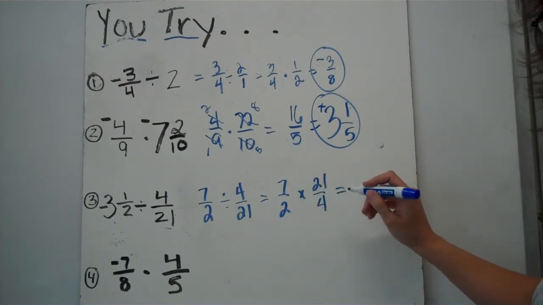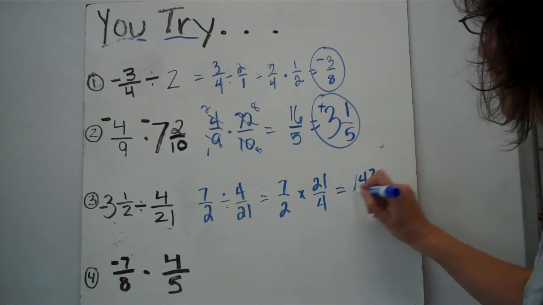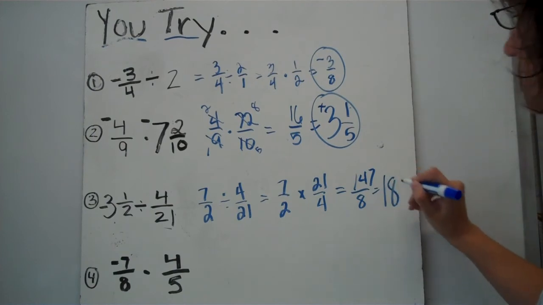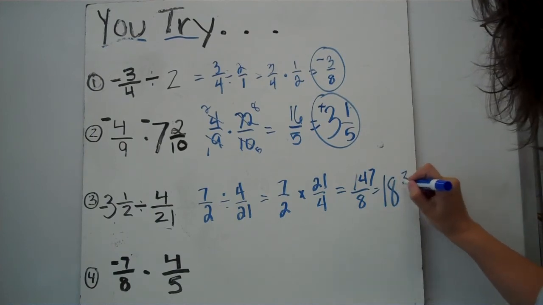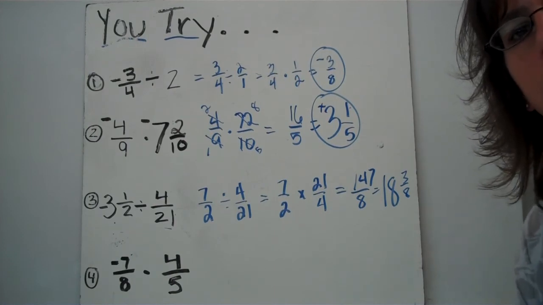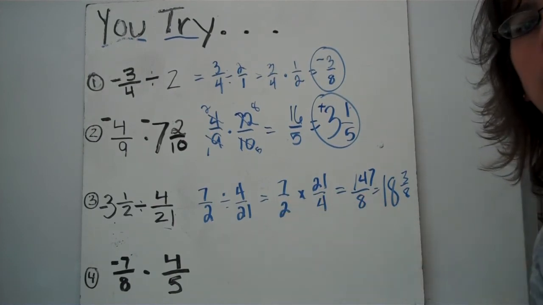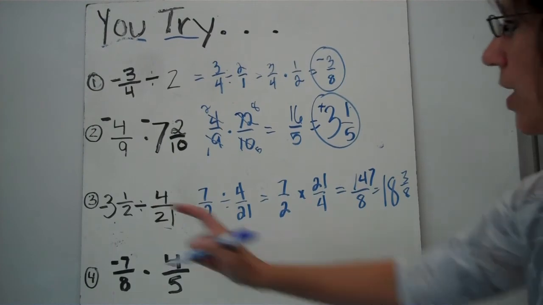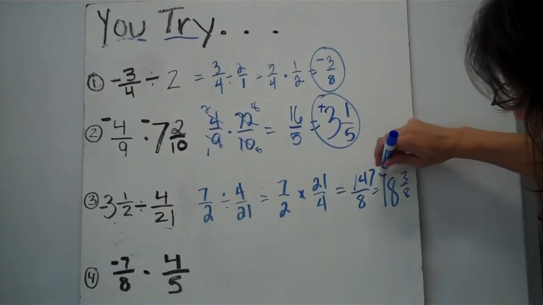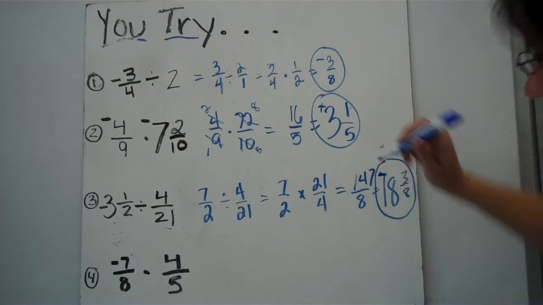So straight across, that gives you 147 over 8. And when you reduce that, that comes out to be 18 and 3/8. And yes, I had to work to figure that out. I've already done it off on my own scrap paper, so hopefully you've taken some time to do that math as well. All right, let's check the integers. Different signs, so it's negative. Make sure you do that before you circle your answer.